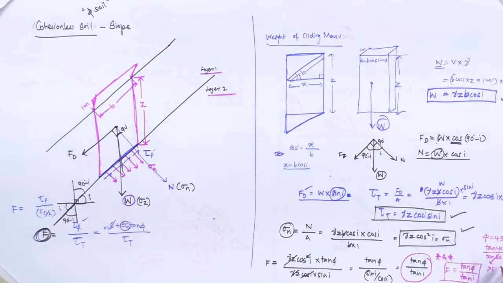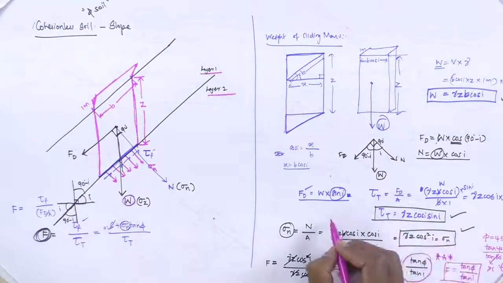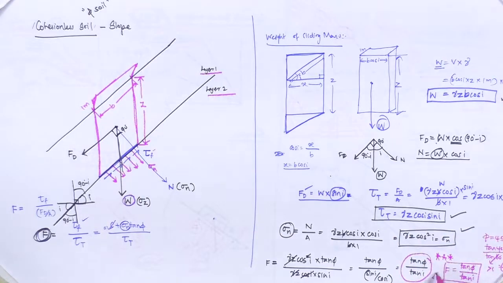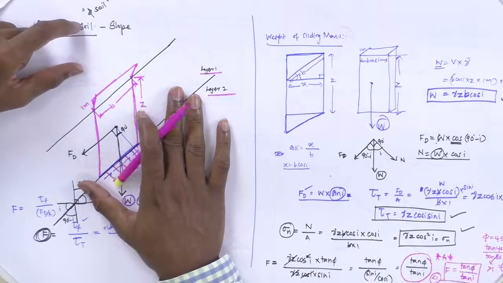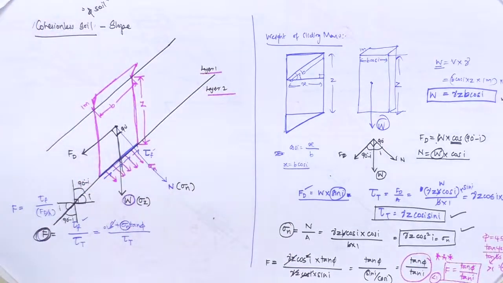So 1 divided by a value greater than 1 is going to be less than 1. So the factor of safety comes out lesser than 1, which makes this slope an unstable slope.